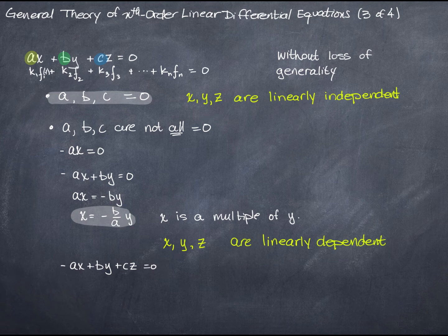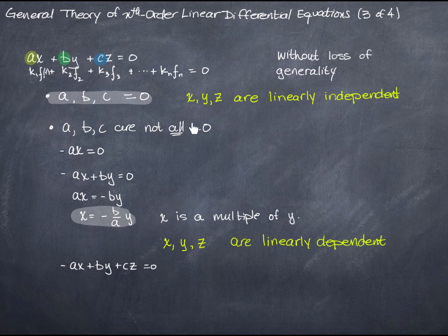And what your textbook says is that these functions, remember that the functions are my x, y, and z, are said to be linearly dependent, that's this case down here, if there exists a set of constants, k1 through kn, that's my a, b, and c, that are not all 0, such that this equation equals 0 is true. Okay, so if K1, K2, and all the way up to Kn exist, but they're not all 0, and they make this equation true, then we're in this case here.